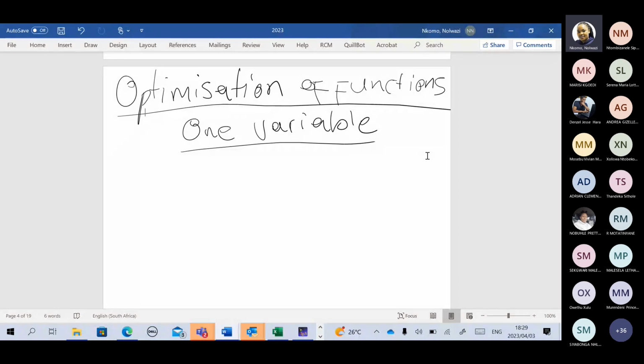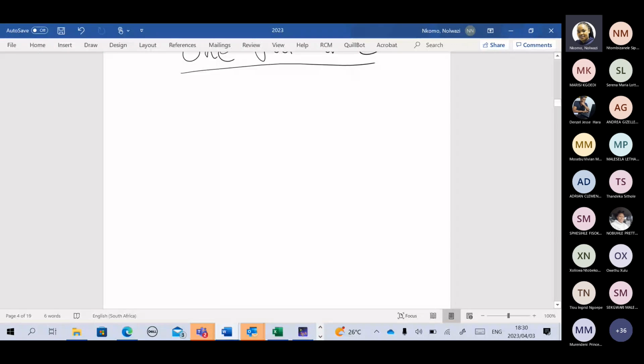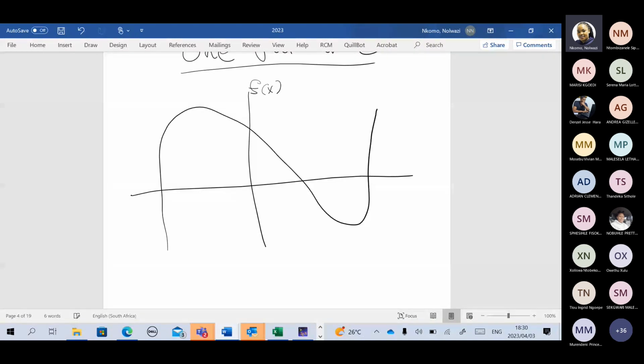And if the slope changes from negative to positive, we call that the minimum point. For example, suppose we are given a function f of x, represented using this graph. Let's say we have point A here, and point B here.